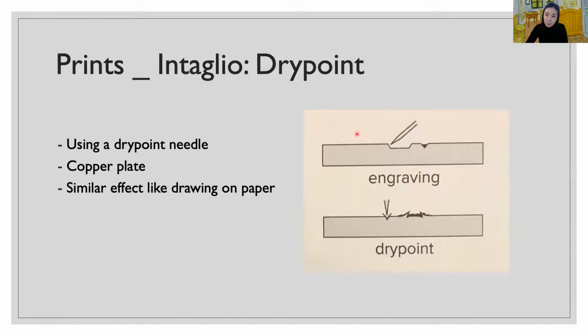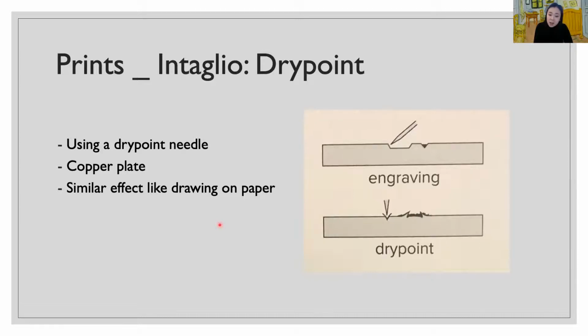So dry point of the intaglio. A dry point is similar to engraving, except that the cutting instrument used is a dry point needle. So they use a needle. They are required to draw something with a needle on the plate. So the artist draws on the plate, usually a copper plate, and almost as freely as one can draw on paper with a pencil.